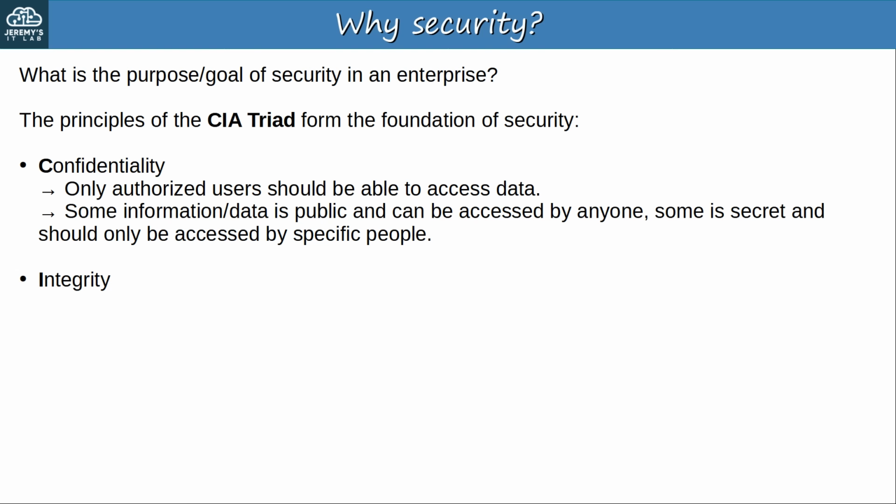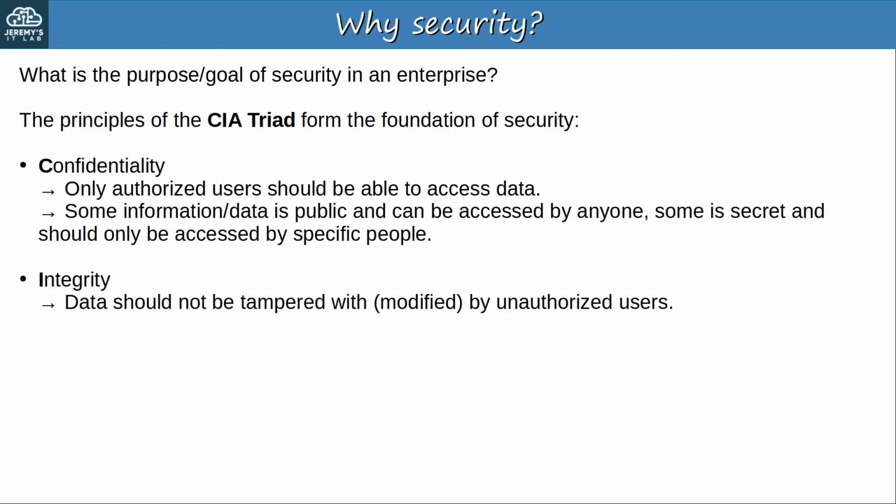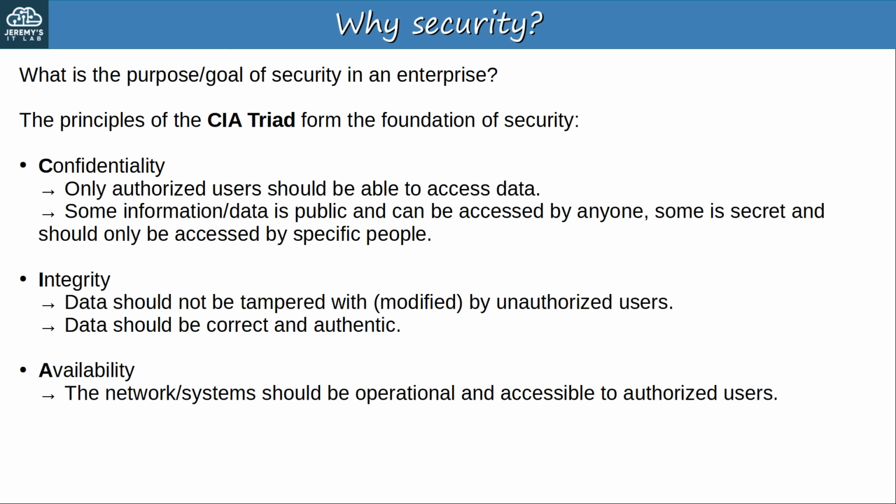Then, I stands for integrity. This means that data should not be tampered with, should not be modified by unauthorized users. Data should be correct and authentic, not modified by an attacker. Finally, A stands for availability. This means that the enterprise network and systems should be operational and accessible to authorized users.